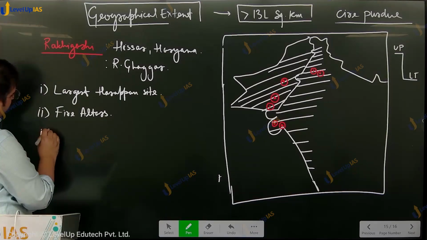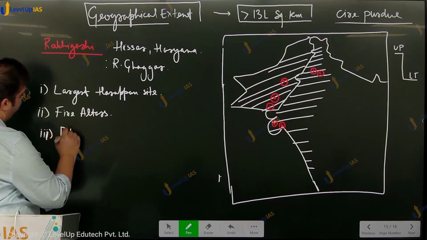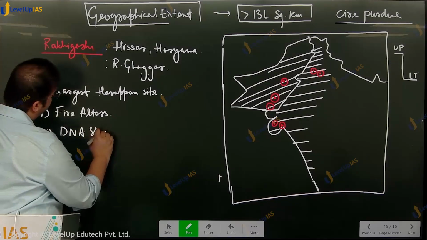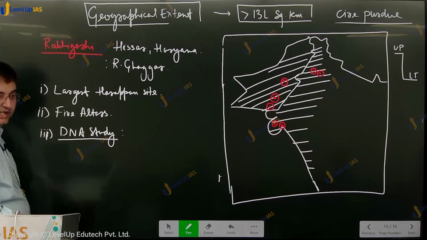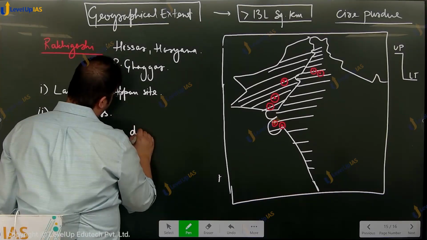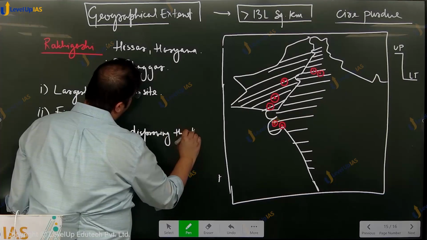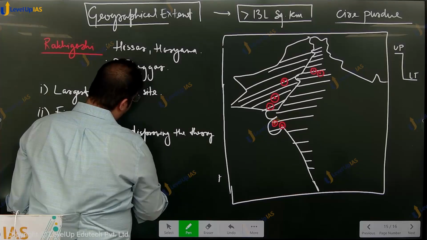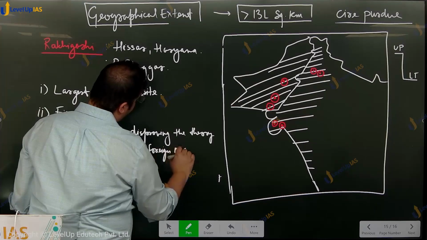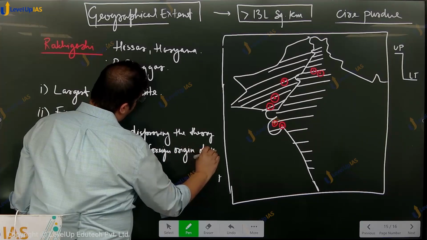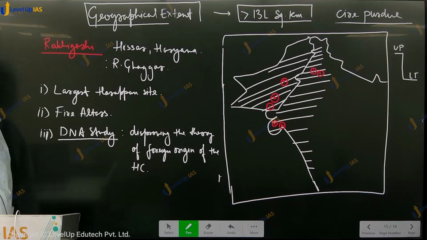And this site is also very important because of the recent DNA study, where researchers could not find the R1A1 gene, thus disproving the theory of foreign origin of the Harappan civilization. Okay?